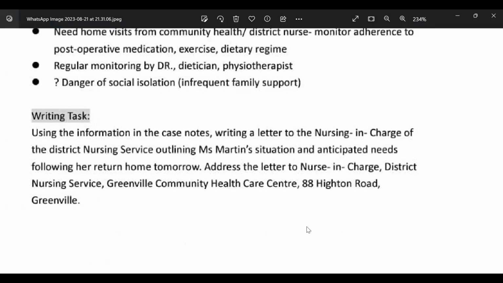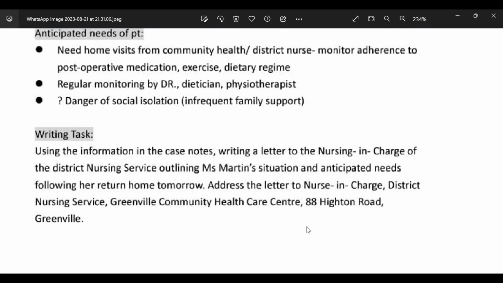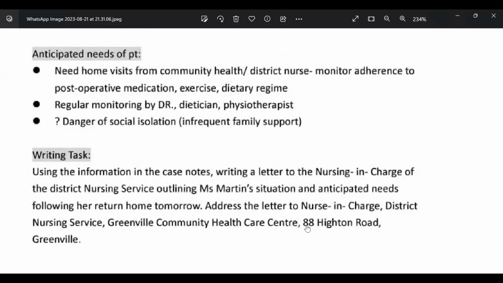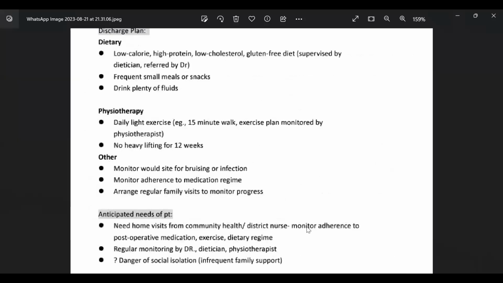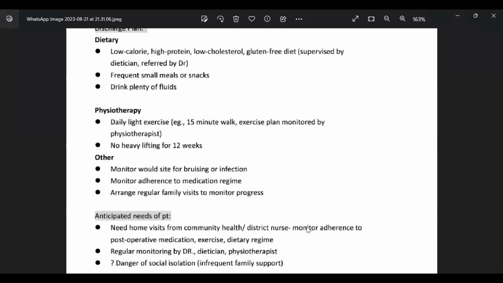So the reason for writing has been explained in the writing task: to explain the needs and requirements of the patient back at home. In the discharge plan, we always see the last part: dietary instruction, physiotherapy.